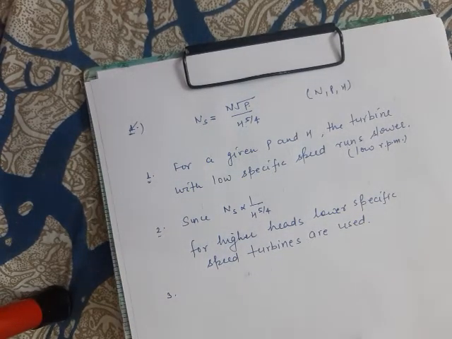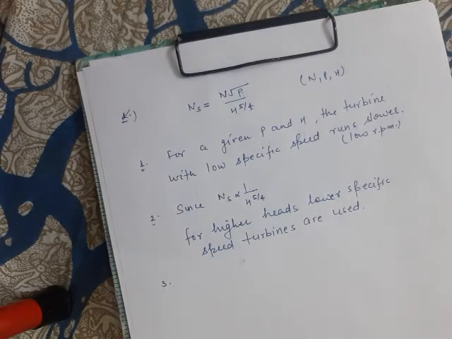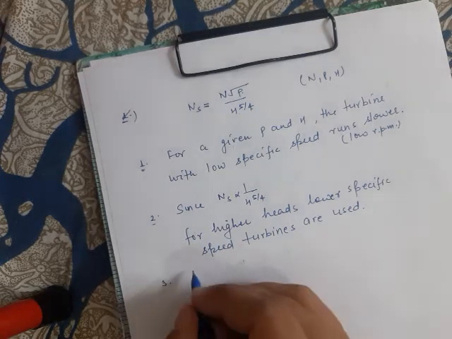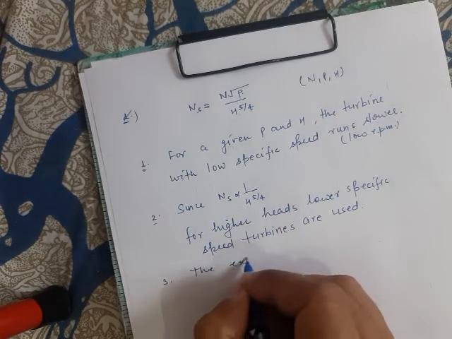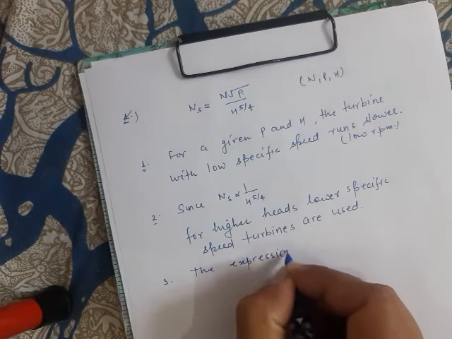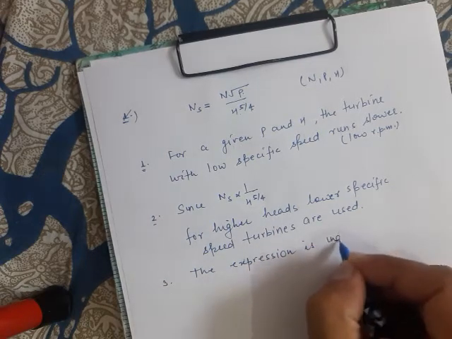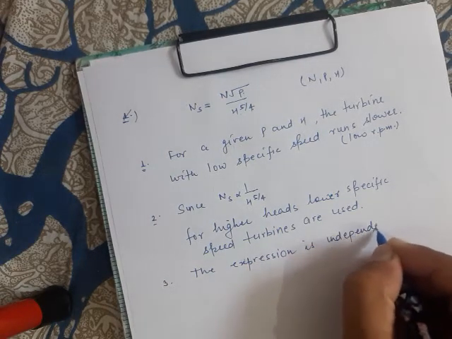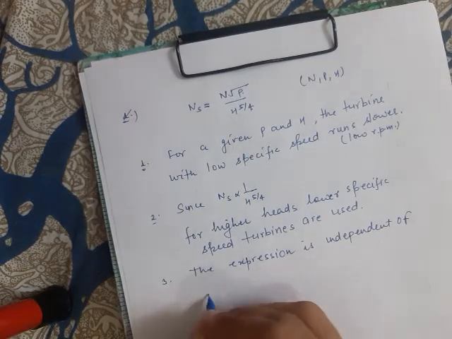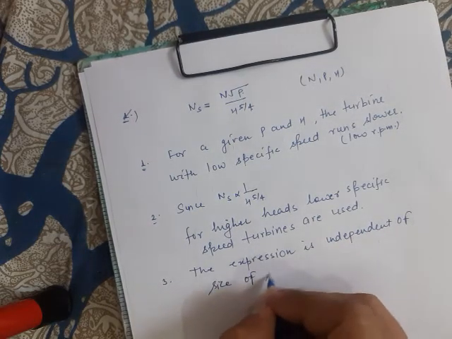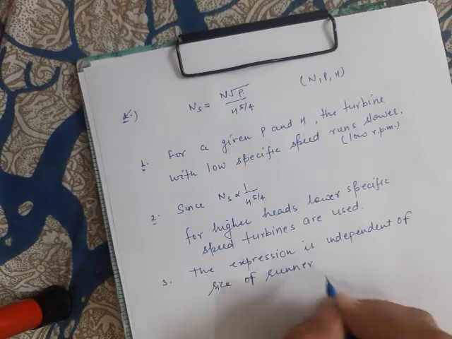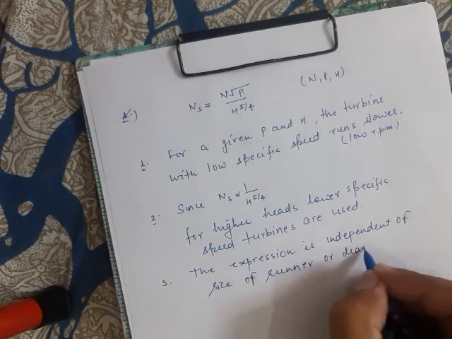This is the physical meaning of the specific speed. The third point: this expression is independent of the diameter of the runner. Therefore, this expression is independent of the size of the runner.